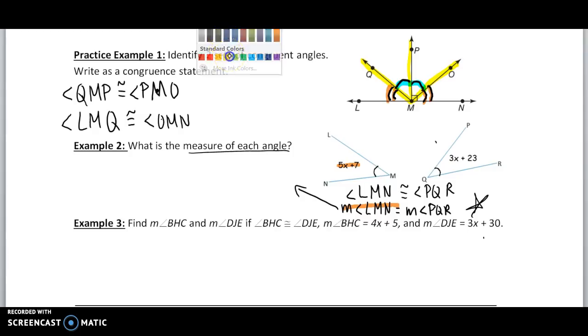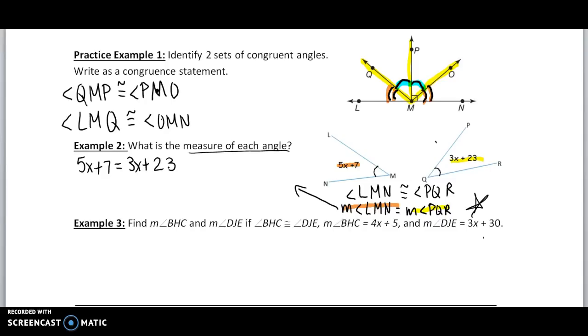And then I know that the measure of PQR is this 3x plus 23. So then, since those two angles are congruent and their measures are equal, I can set those values equal to each other. So I set 5x plus 7 equal to 3x plus 23.